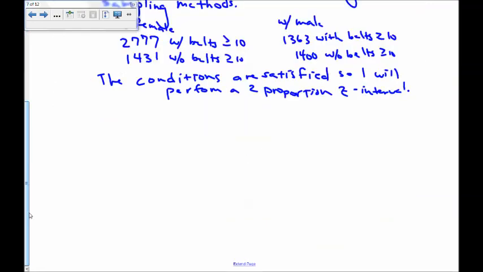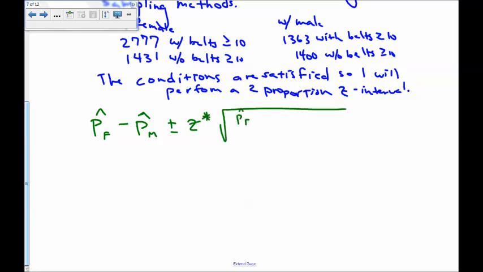The formula altogether is, I'll call it, p sub F hat minus p sub M hat plus or minus z star times the square root of p hat F q hat F over n sub F plus p hat M q hat M over n sub M. Now, if your subscript notation is not super clear, you should state somewhere what is what.